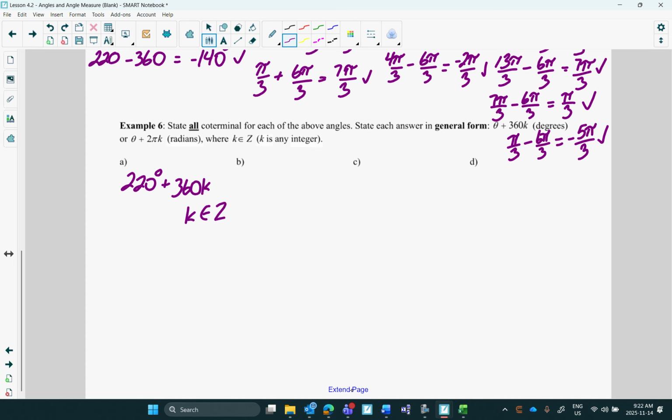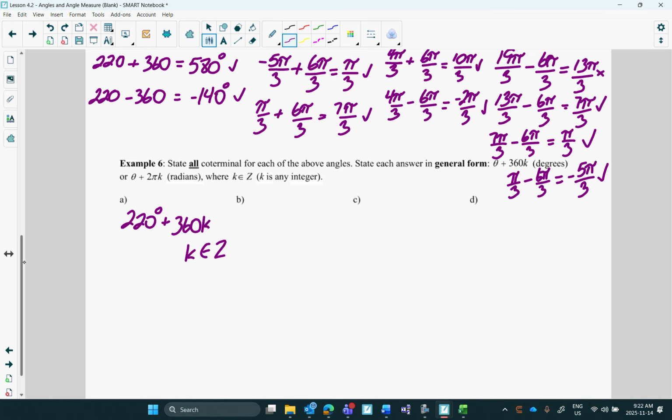If I multiply by -1, that's subtracting 360. If I multiply by -2, that's subtracting 2 360s, and so on forever. So that's why we can use this notation. If it's in radians, you do the same thing, except you replace 360 with 2 pi.